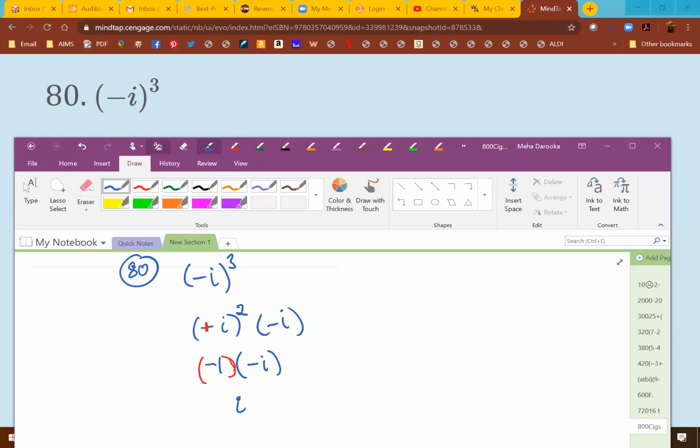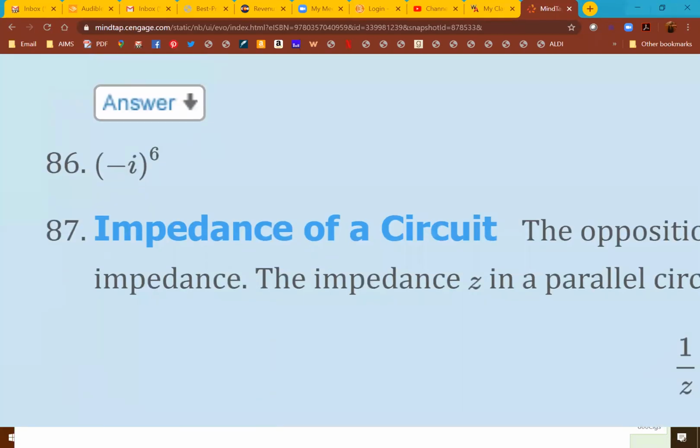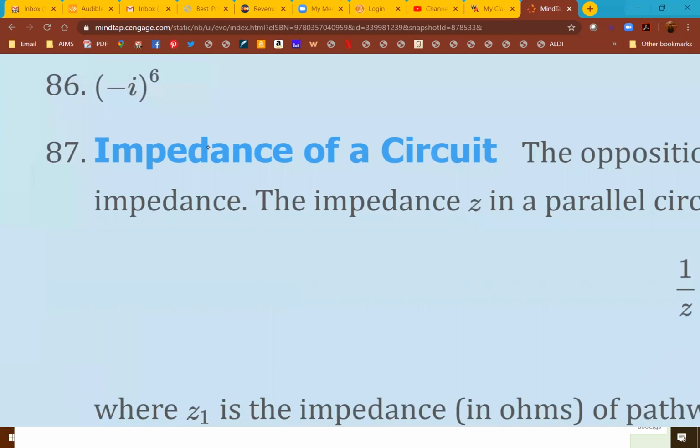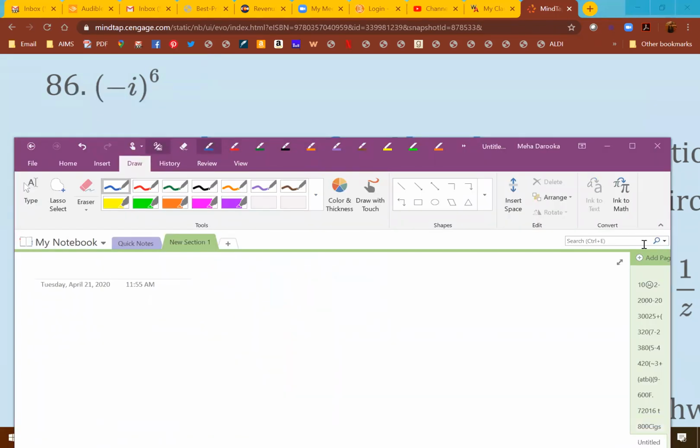But what if we change that a bit, and let's look at number 6 over here, which is now negative i to the 6th power. What do you think will happen with this?